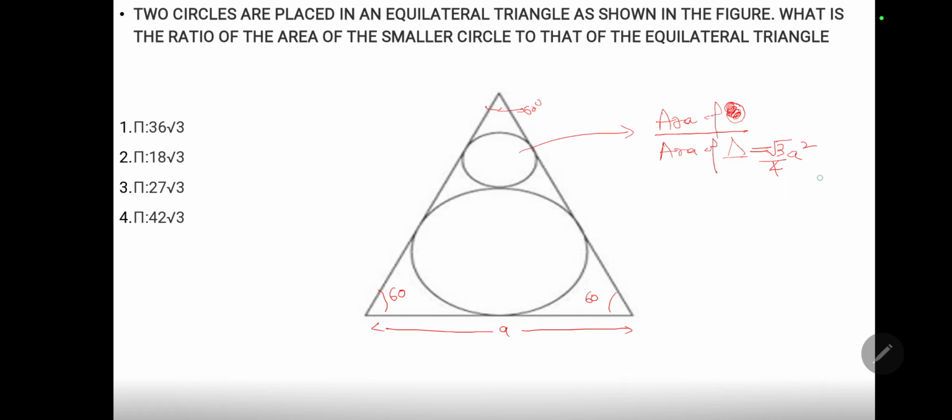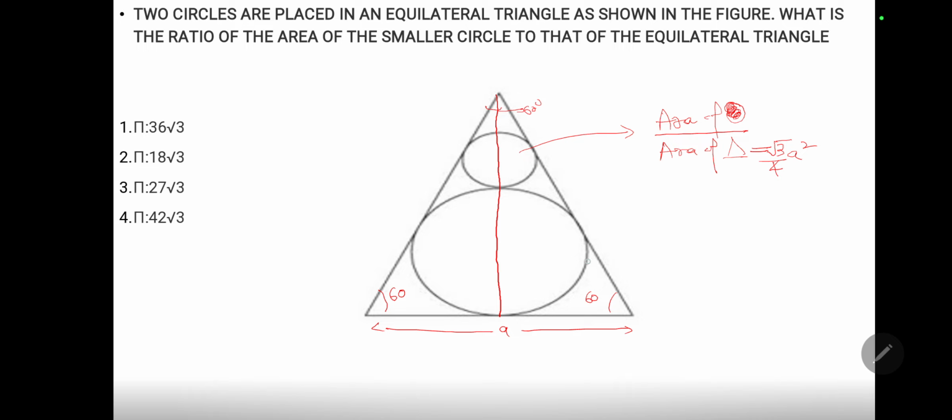I hope you know how to find the area of an equilateral triangle, but this is a straightforward thing. The main thing is how to find the area of this smaller circle. So let's take an approach. Since this is an equilateral triangle, can I draw a perpendicular over here? Okay, fine.